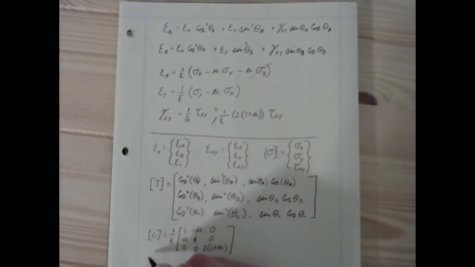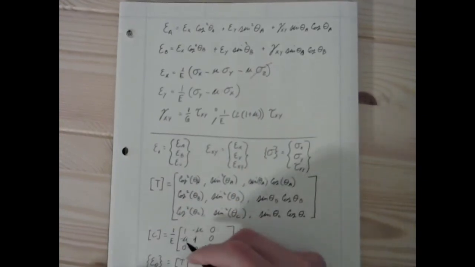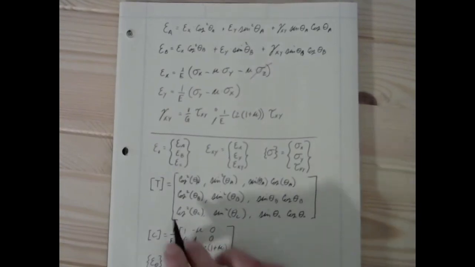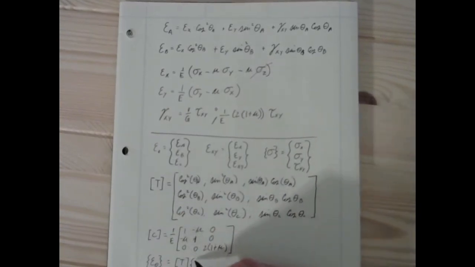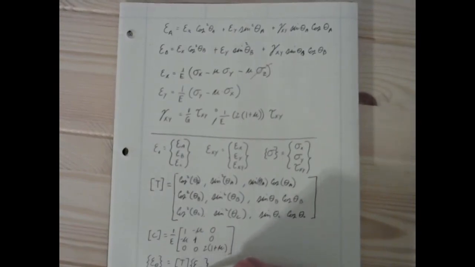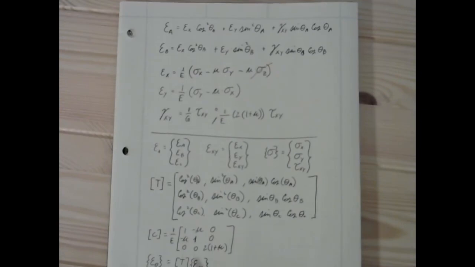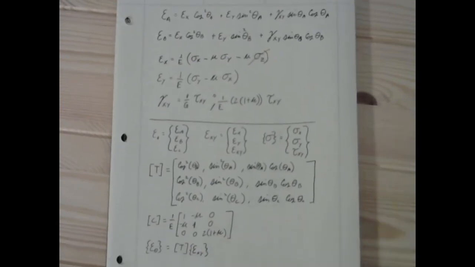We can just write this vector is equal to this matrix times this vector right here. Which is pretty easy to do if you have access to MATLAB or even your graphing calculators.